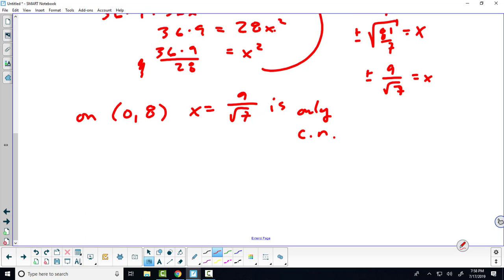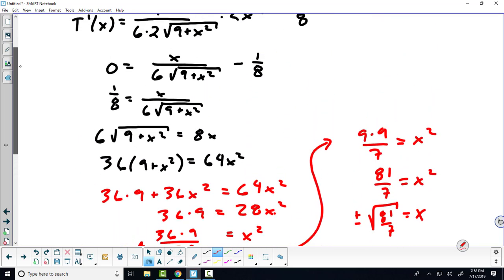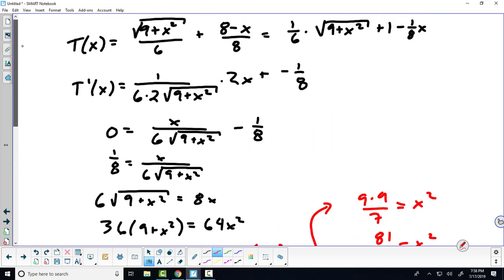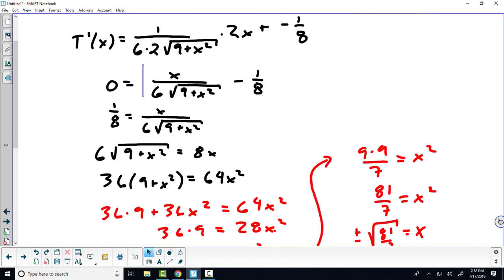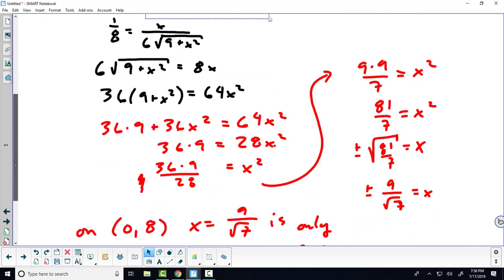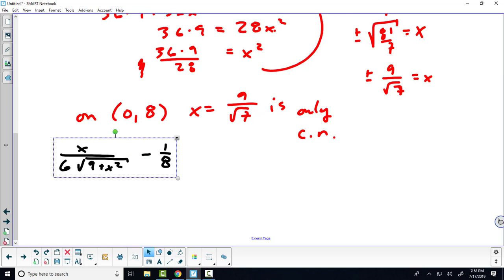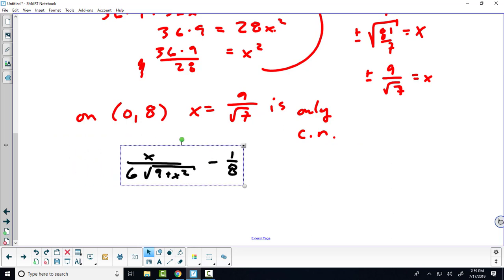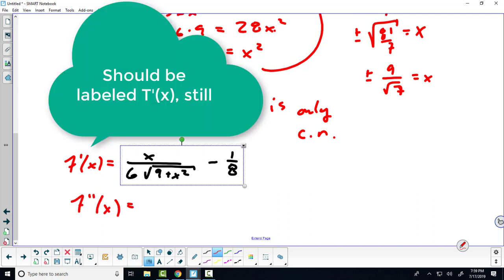So let's go ahead and find t double prime. Aha, success. There we go. This was our first derivative. So let's find the second derivative. Okay, so we'll have to do a quotient rule here, right?